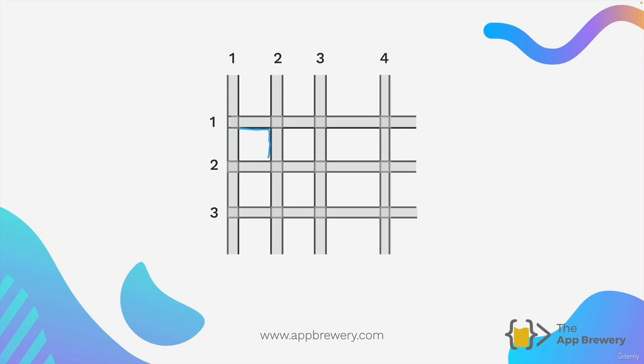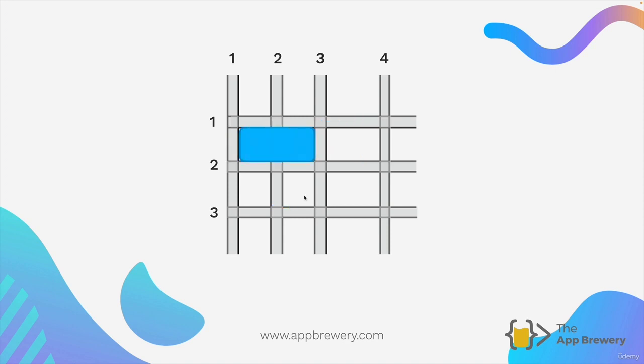Within the intersections of the tracks, we create these small units, which are called a grid cell. They are the smallest unit in a grid, and they can be different sizes. So this one, for example, is a little bit wider than this one, but they essentially sit between the columns and the rows.